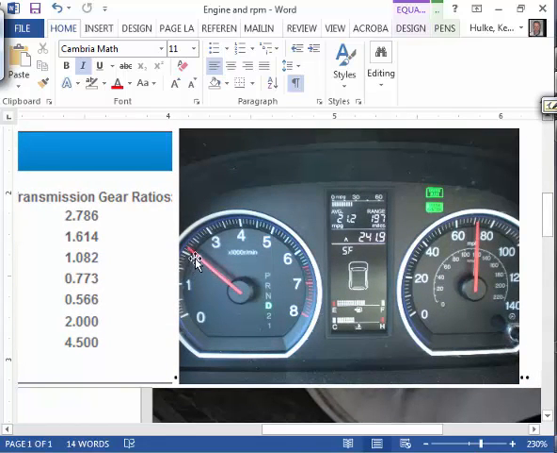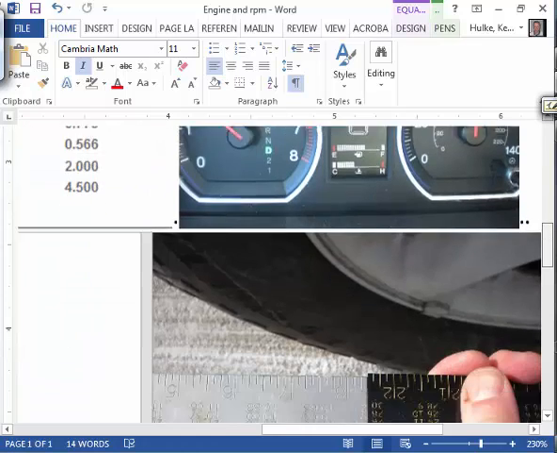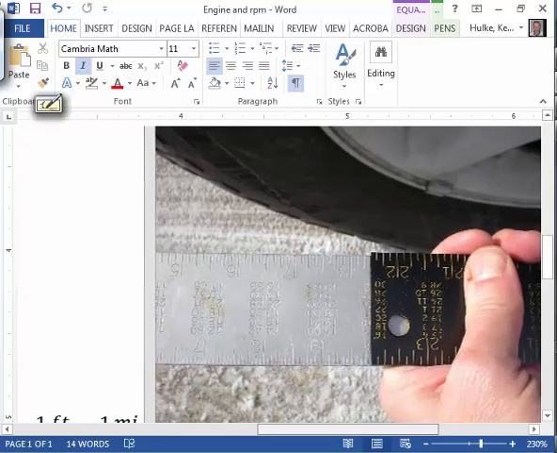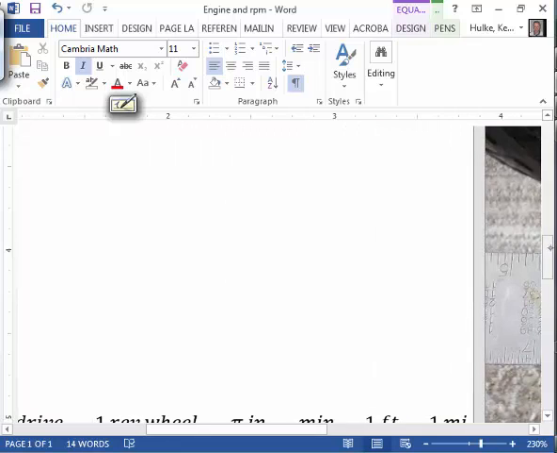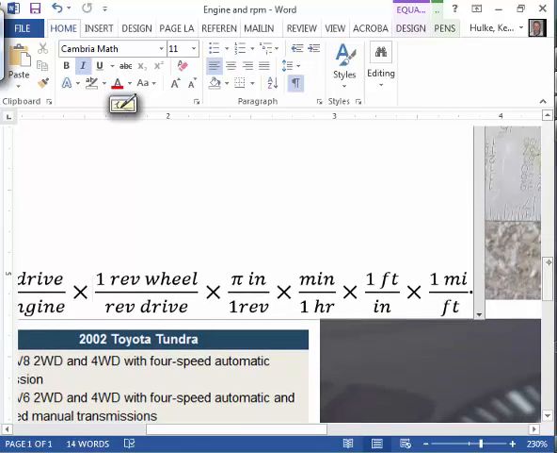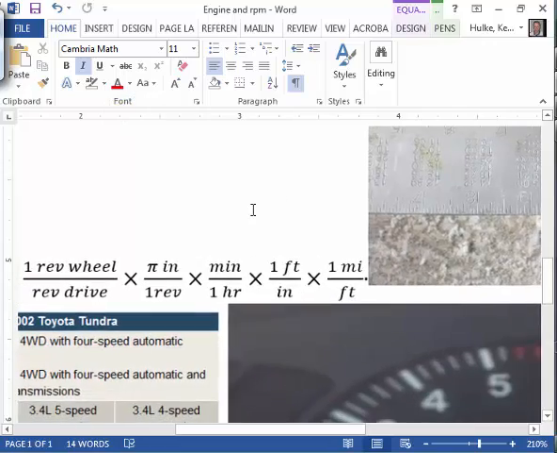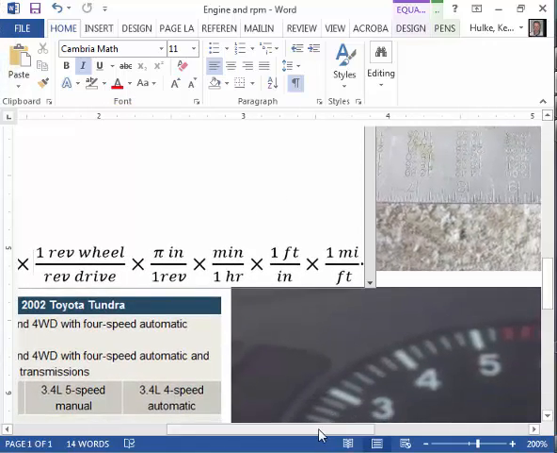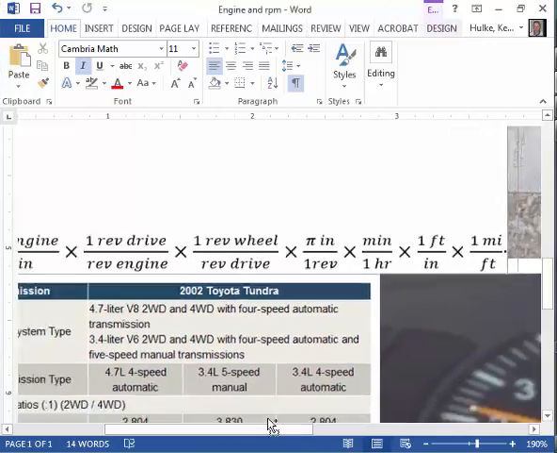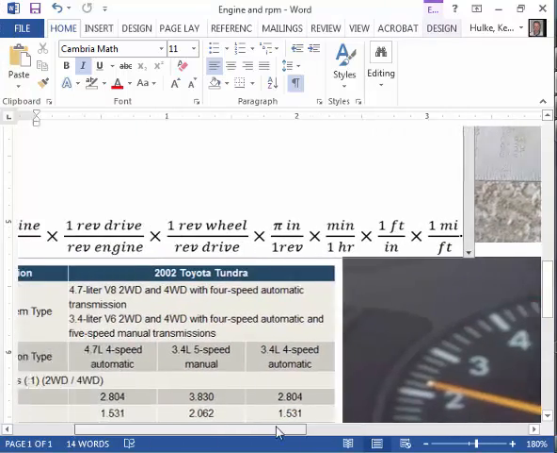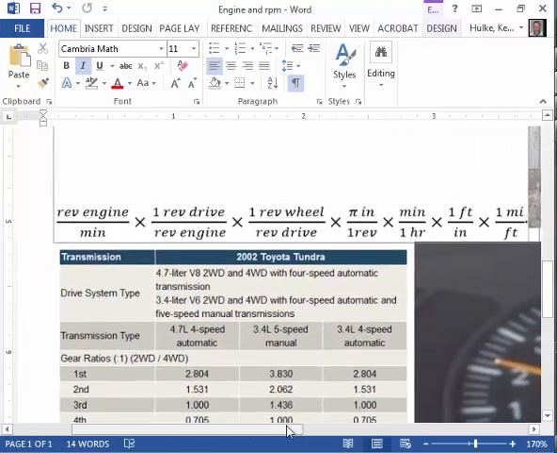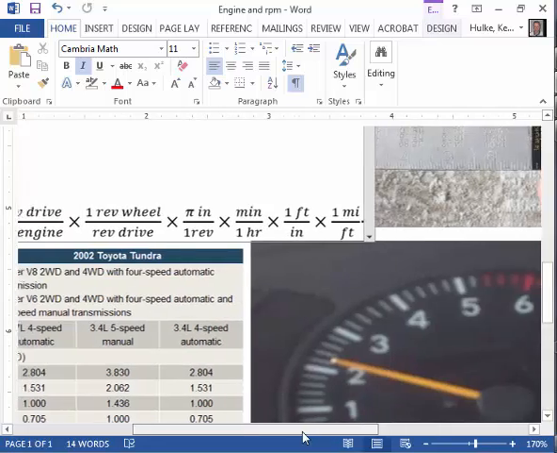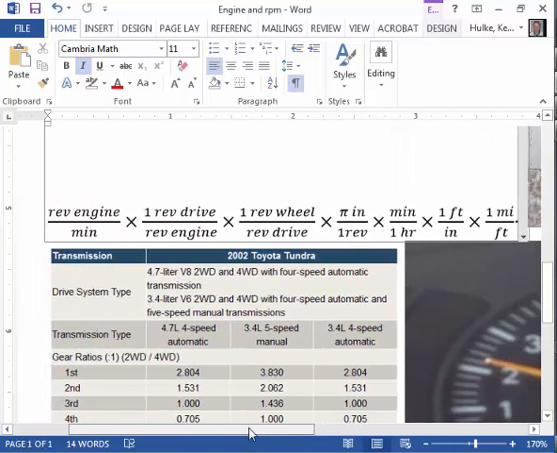We're starting at 2200 RPMs, and we want to figure out how many miles per hour that is. I've got the equation copied down here, so all we need to do is to use this formula and we should be able to figure out our answer.